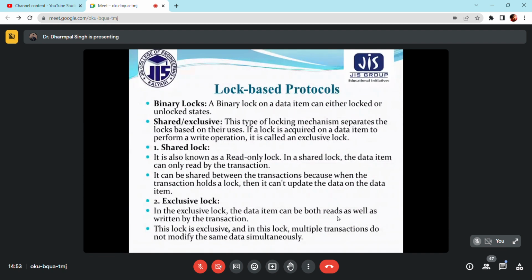Writing the value creates the problem. If the lock is an exclusive lock and another transaction wants to access or modify it, they have to wait. But in shared lock, they do not have to wait.